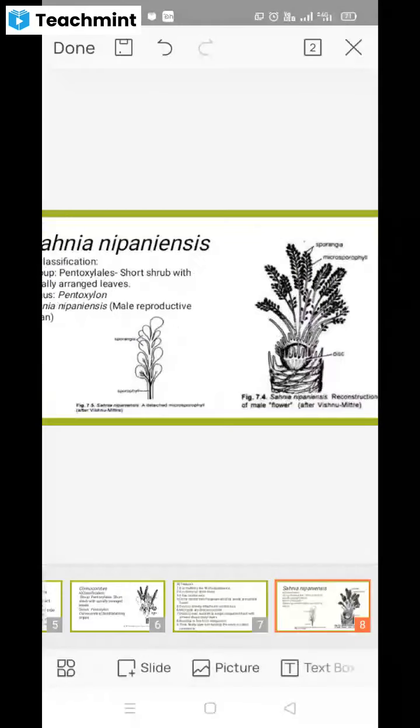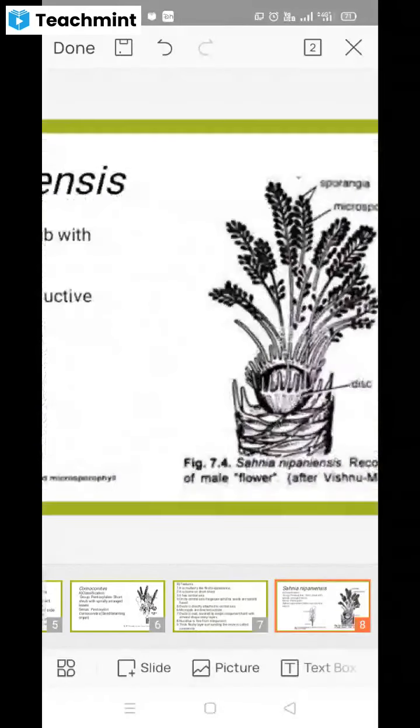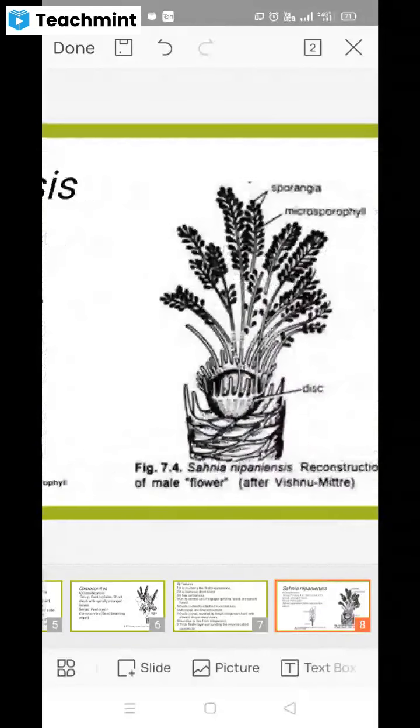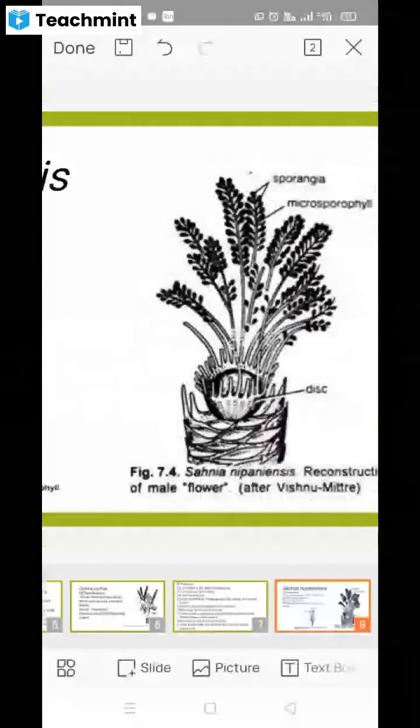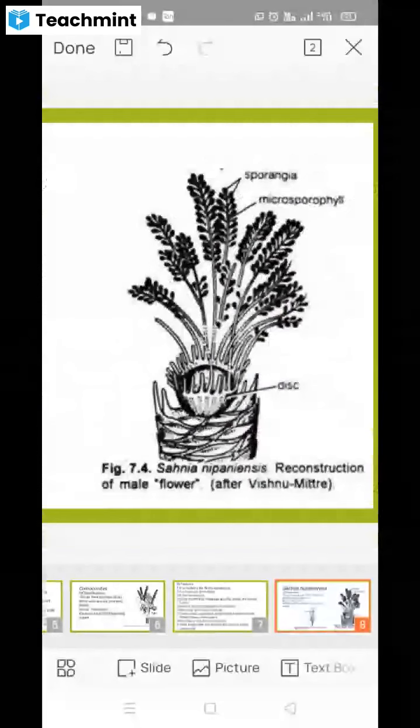So here I can enlarge this. So these are the male flowers. At the dwarf shoot, at the base there is a disc shaped structure, and on that disc the microsporophylls are arranged.